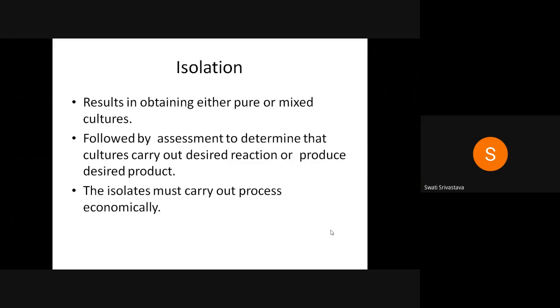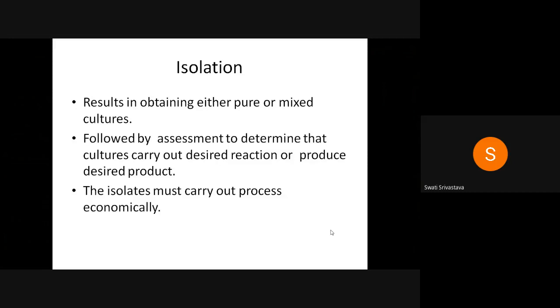So economically, it should be feasible. The isolate that you are isolating should carry out the process economically. That is, its media requirements, its strategic requirements like temperature, humidity, pH, or other nutrients, all that should be very low cost. Then finally, when the product is being produced, the purification processes or extraction processes should also be economically feasible.